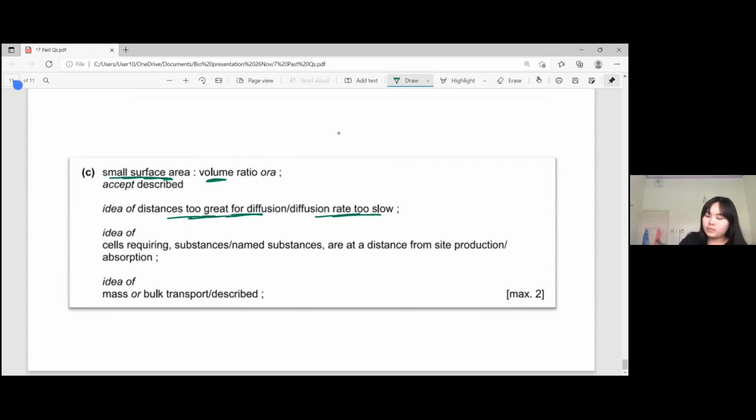And the site where the cells require the substances is too far away from the site where it is produced. So we need a transport system to overcome the limitation of diffusion.